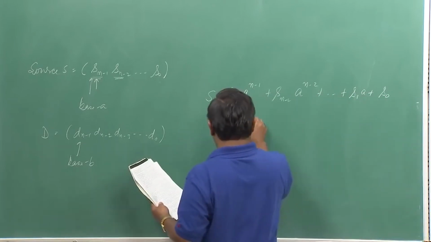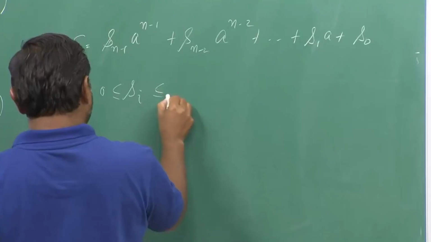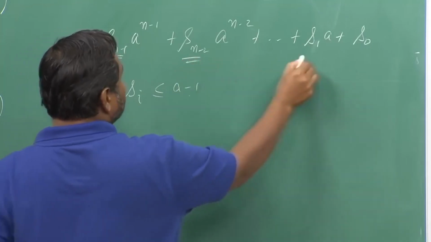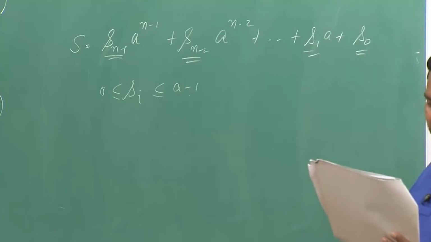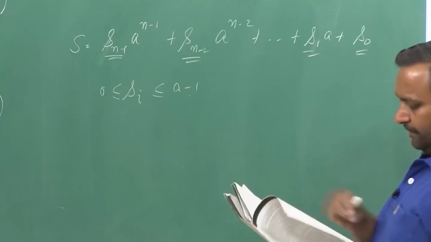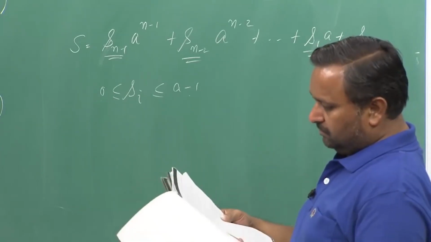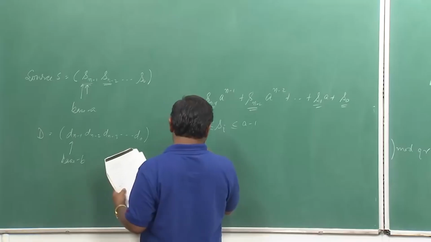In this case S of I goes from 0 to a minus 1. So, these digits can take any one of these values. Okay. So, that is what I am representing where I will be from 1 to n minus 1. Similarly, the D, the digit which is there.